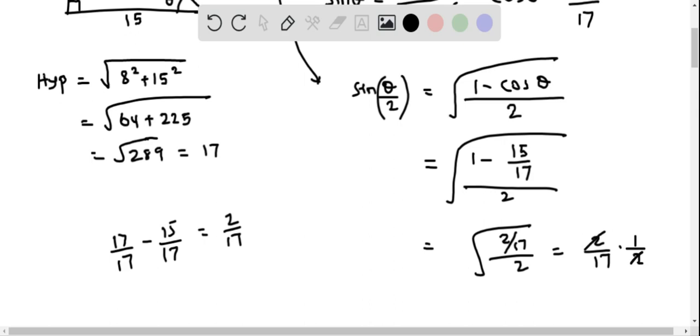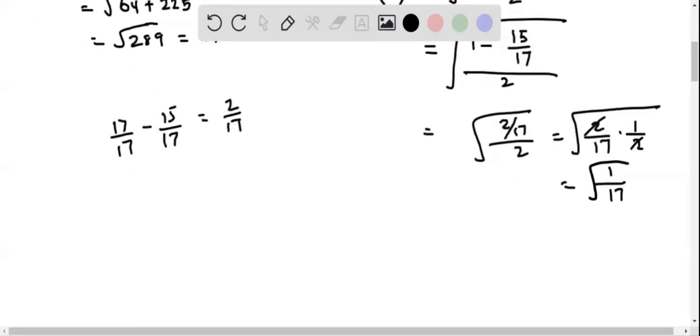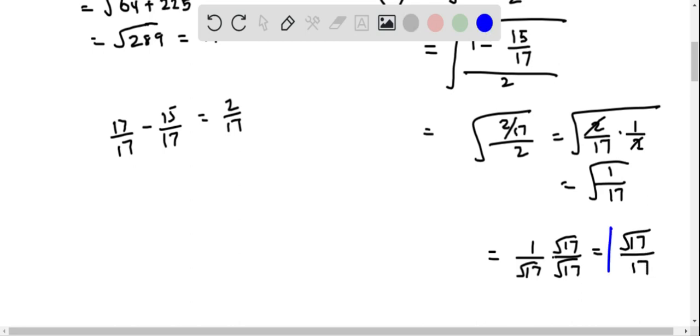We see that these two are getting cancelled. This is under the root, and so the final value of sine theta over 2 is the square root of 1 over 17. In fact, we can also rationalize this. So we multiply and divide both numerator and denominator by root 17. Therefore this is equal to root 17 over 17. So this is the value of sine theta over 2.